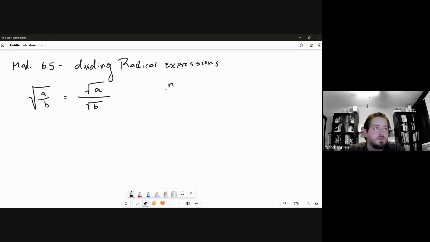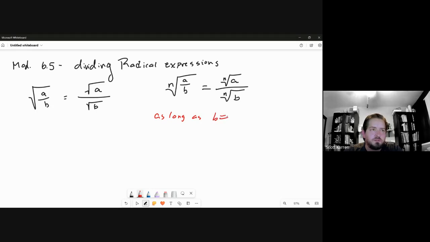So if I have the nth root of a over b, I can rewrite that as the nth root of a divided by the nth root of b. So this is valid as long as b is not 0, otherwise none of this has any meaning, right?